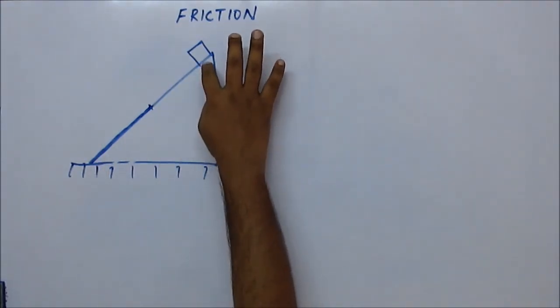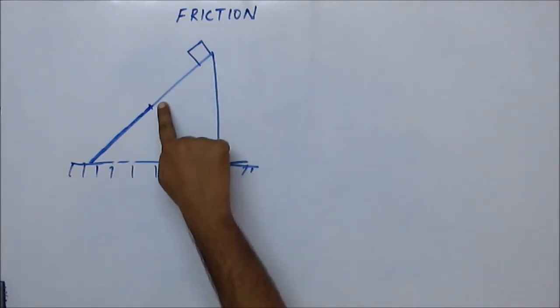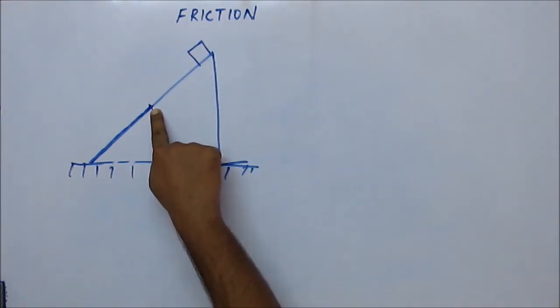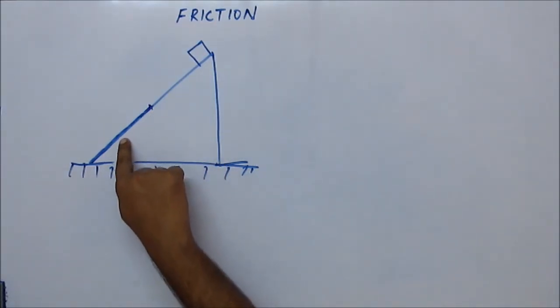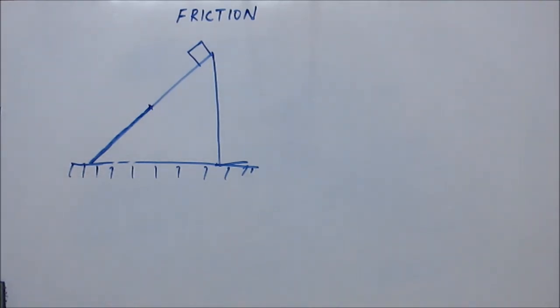If you are leaving this block, because the surface is smooth, obviously it's going to come down, it's going to pick some velocity. So at this point it will have some velocity, and after that the velocity should keep on decreasing, so that when it reaches the bottom, the velocity just becomes zero.